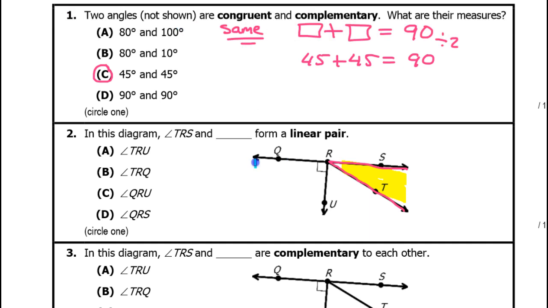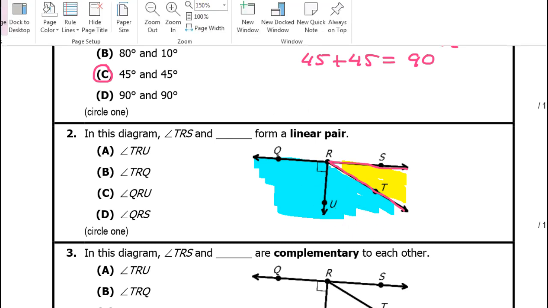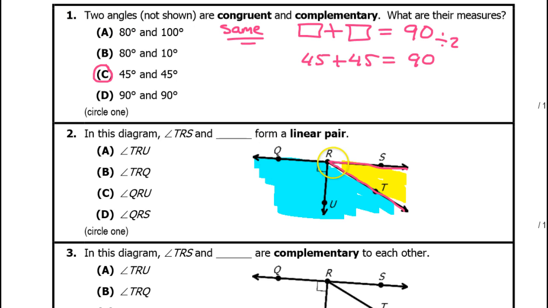So if I take this angle right here, that I'm coloring in blue, then it makes this nice straight line. So this blue angle is the answer, and this is angle QRT, or angle TRQ, which is answer B.